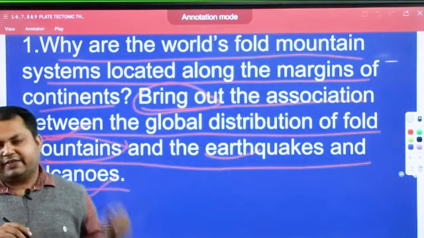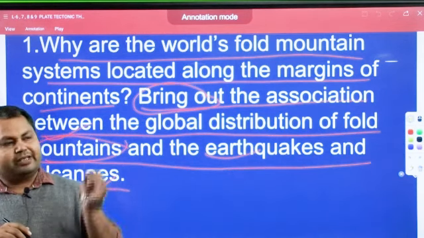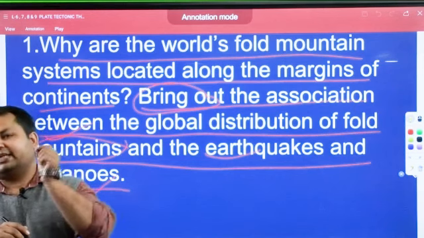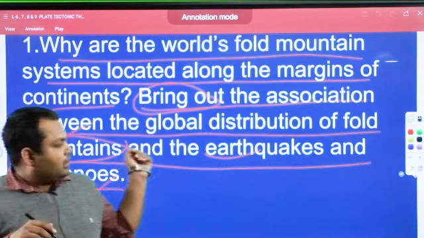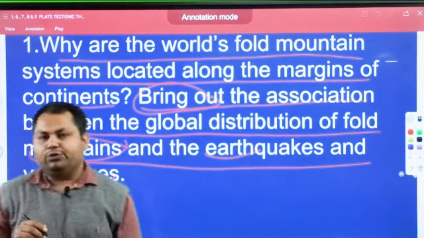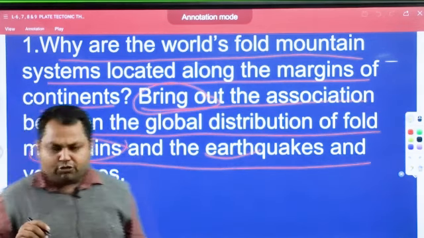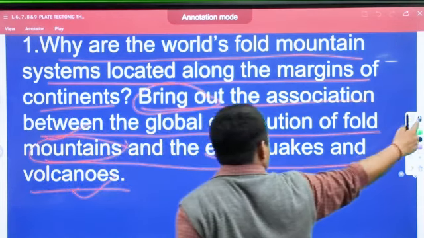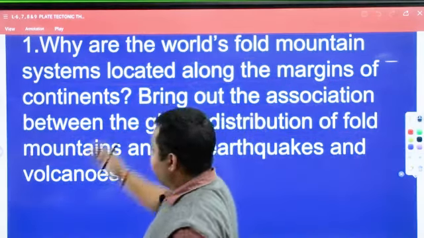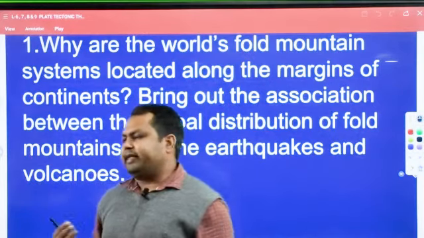So using these examples, I can say there is a deep correlation among earthquakes, volcanic eruptions and the new folded mountain systems, right? This is the question asked by UPSC in 2014 mains examinations. I will discuss this particular question in part 2 of the plate tectonic theory.